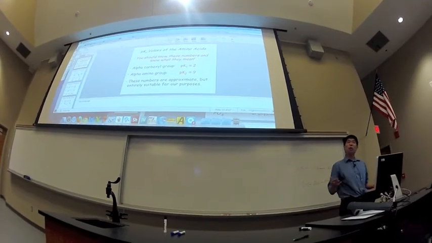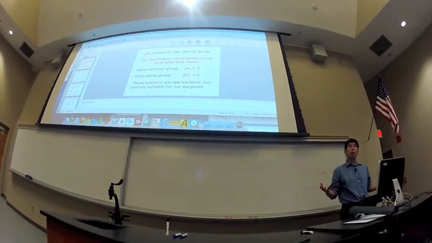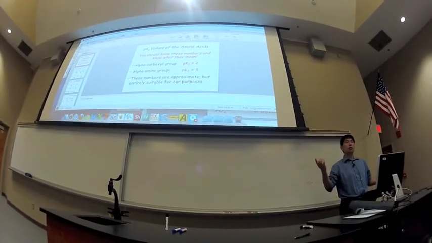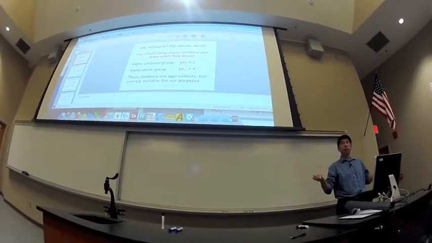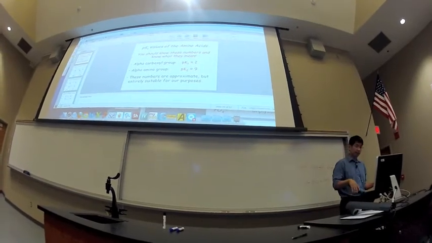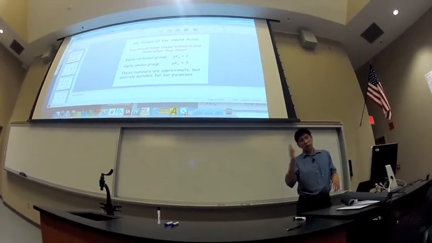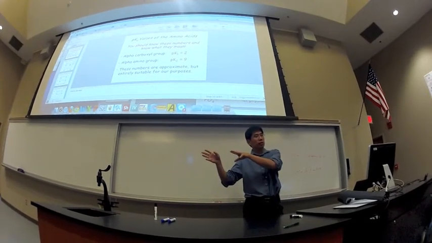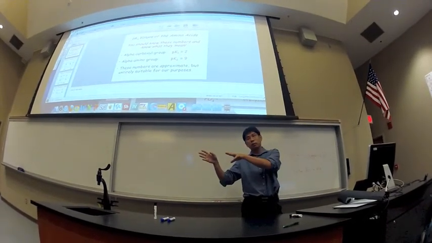So at pH 1, the alpha carboxyl group will be protonated, which form? Neutral. It's protonated. Then it will dissociate a proton. Then when we get close to 9, the amino group will dissociate its proton.